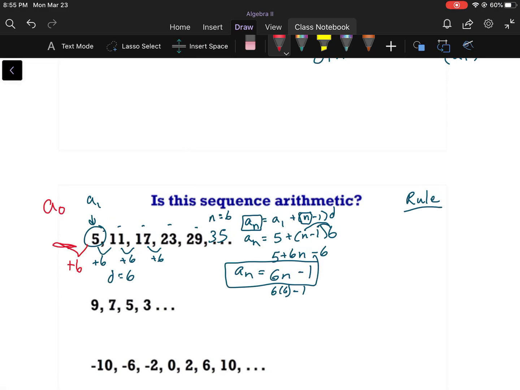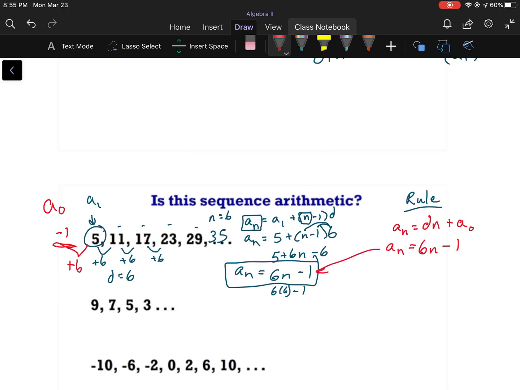So what number could I add 6 to get that 5? Well, negative 1. Or I could take 5 minus 6 to go backwards and get negative 1. So my rule this route would be my common difference times n plus my 0 term. My common difference is still 6, so 6n minus 1, which is the exact same rule I get there.